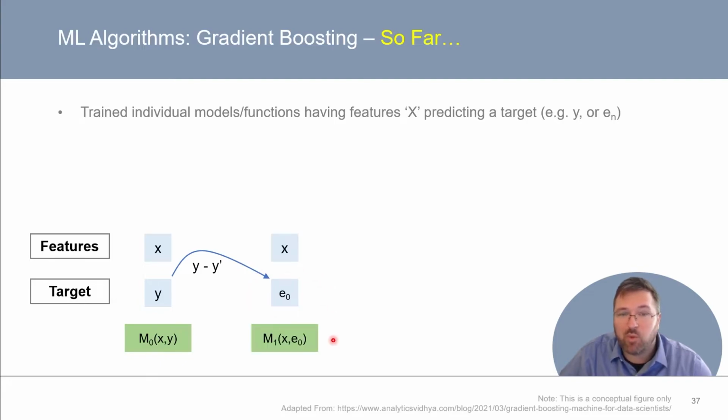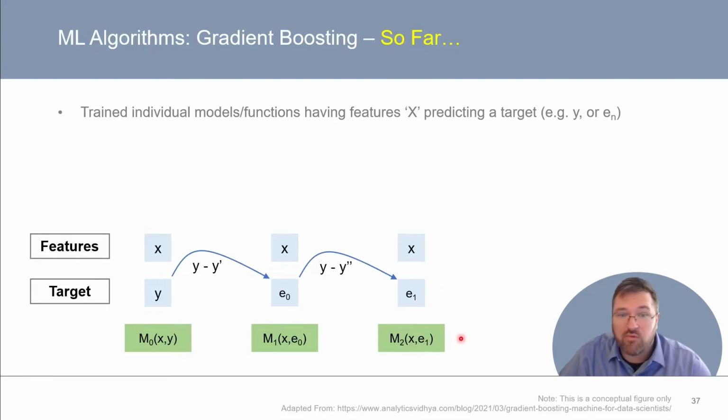Then we train another weak model, again with the same features represented by X, but now predicting the error coming out of M sub 0, giving us our new model we'll call M sub 1, using X to predict E sub 0. Now we calculate the error of our current meta model, which is the difference between our true outcome Y and the predicted outcome of our strengthening meta model so far, which is a combination of M sub 0 and M sub 1, giving us the error of our second meta model, E sub 1.